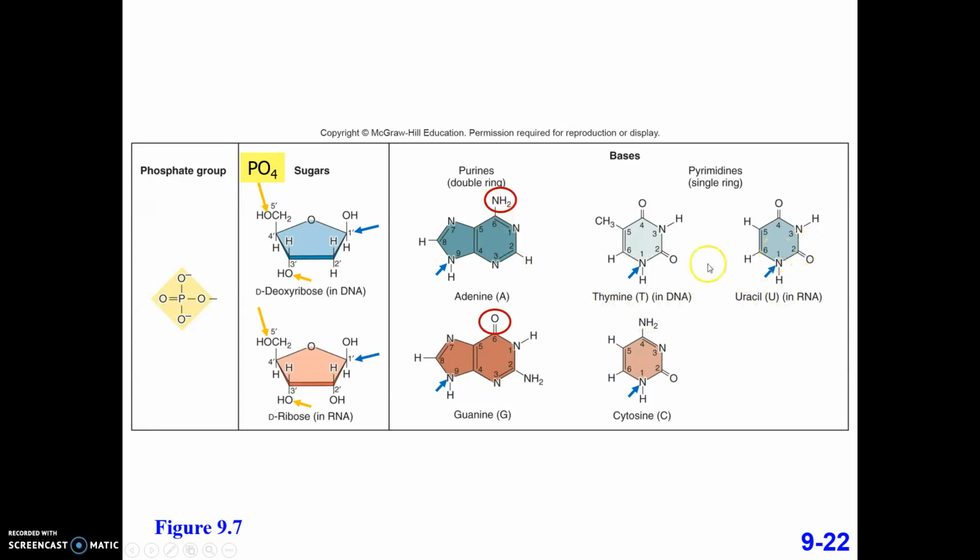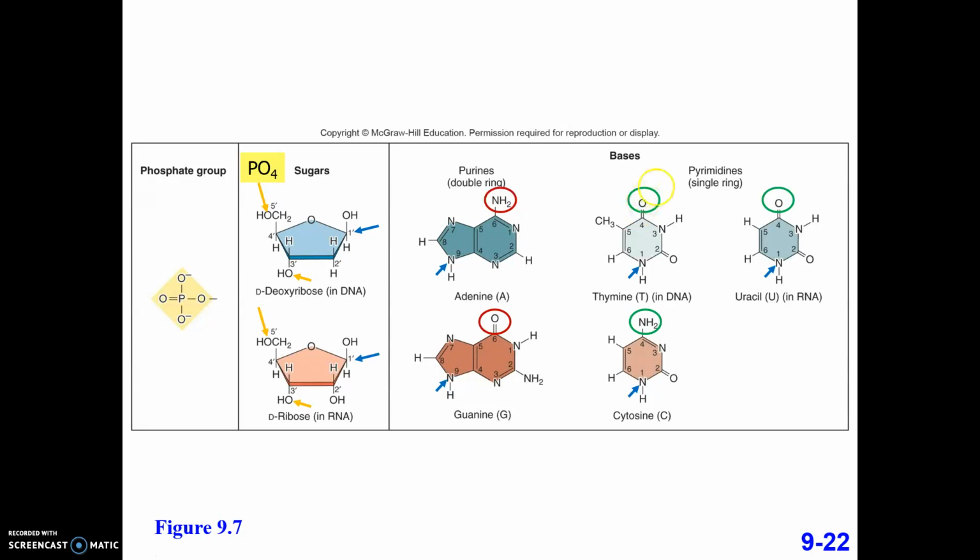Now, if you take a look at the pyrimidines, one of the first things to look for there is what is attached to carbon number 4. Okay, so in cytosine, it is an amino group, and in both thymine and uracil, it is a carbonyl group.